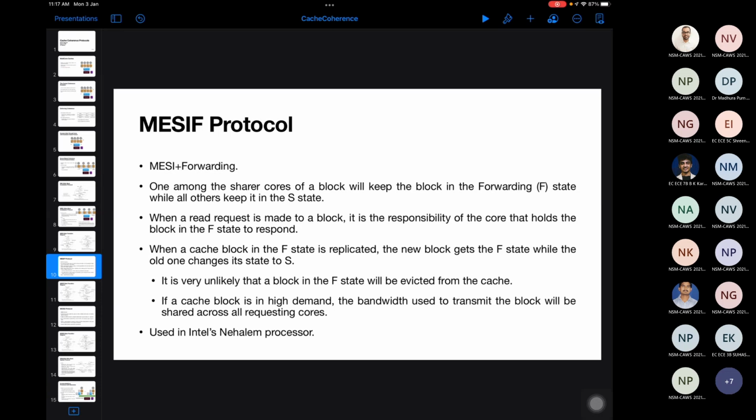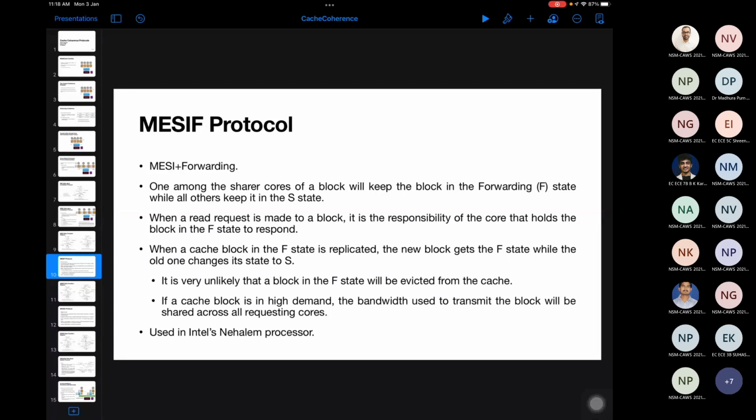Now core 2 has the leadership: F will be in core 2's private cache, and core 1's copy is going to be in shared state. After some time, core 3 requests the data. Core 2 supplies the data to core 3, core 3's copy is in F state, and core 2's copy is in S state. So whoever is the most recent reader gets the block in the F state.